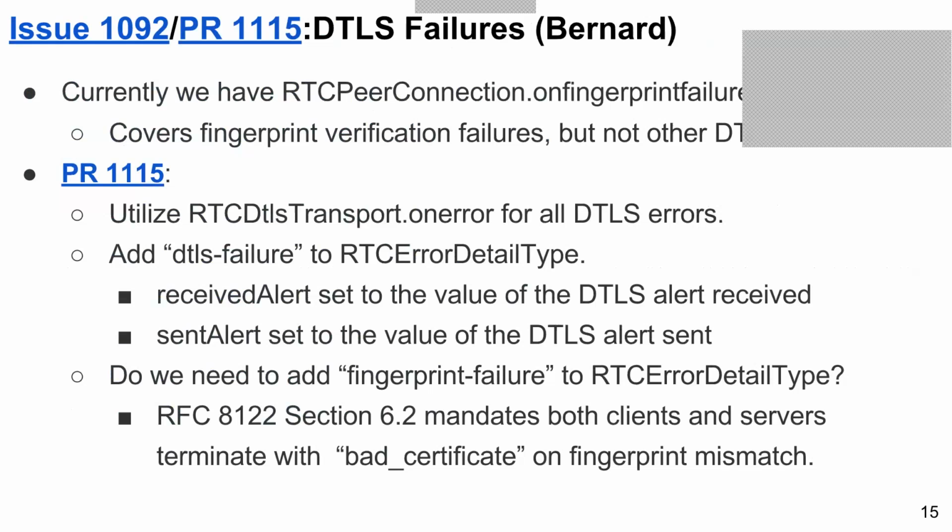Taylor mentioned that RFC 8122 section 6.2 mandates that both clients and servers terminate with a bad certificate alert on a fingerprint mismatch, but there are some questions about whether implementations are actually doing that, in particular if they treat their SSL implementation like a black box. They may not necessarily handle it at the alert level, but maybe at an upper level.